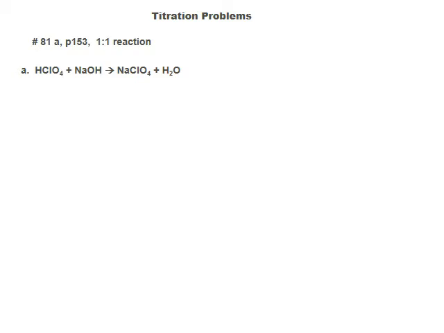In this particular problem, 81A, the question is asking for the volume of HClO4. They gave you the concentration of HClO4 as 0.115 molar. So let's write that down: 0.115 molar HClO4.